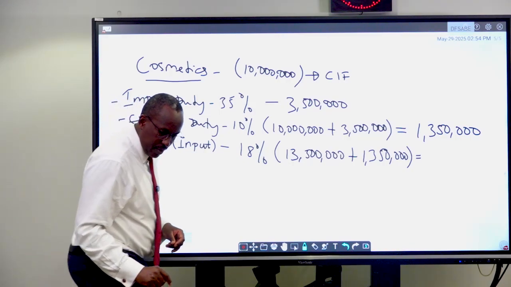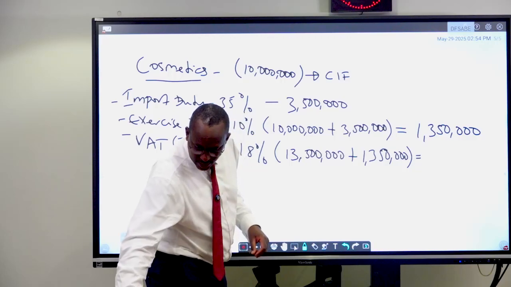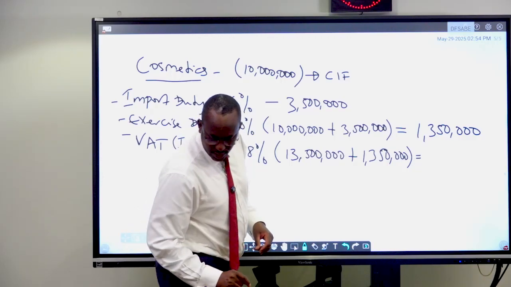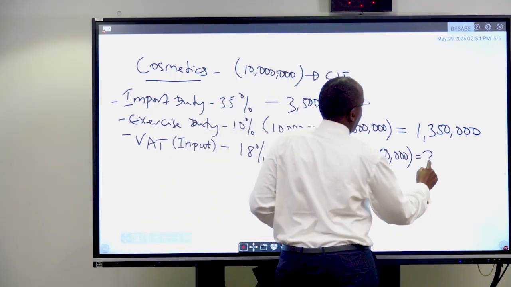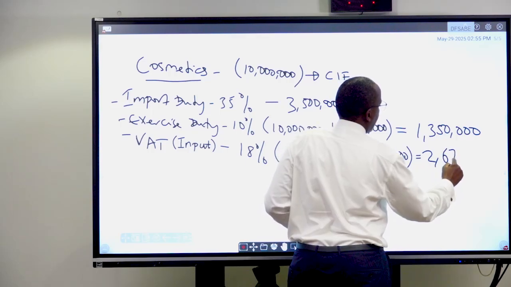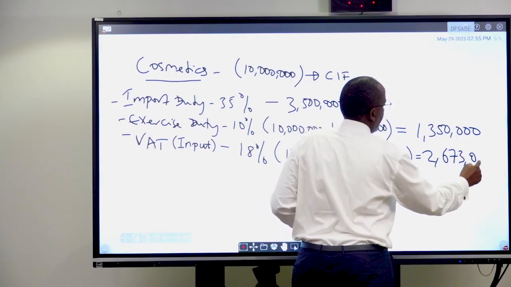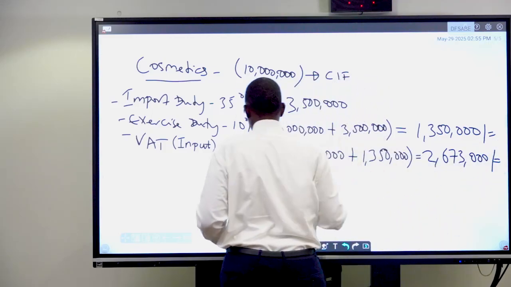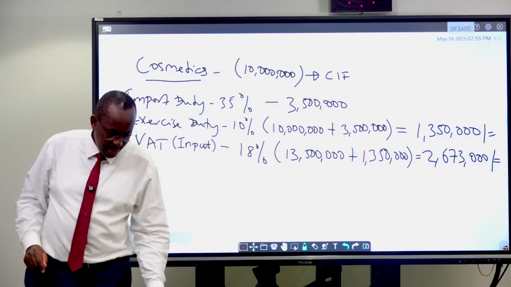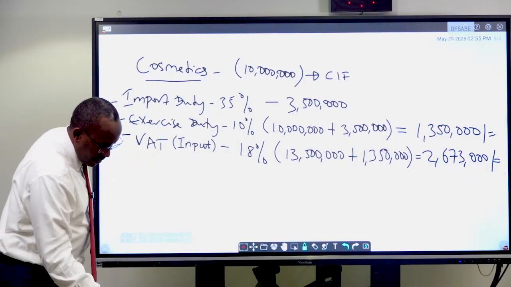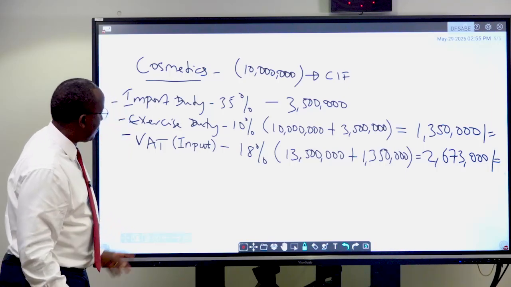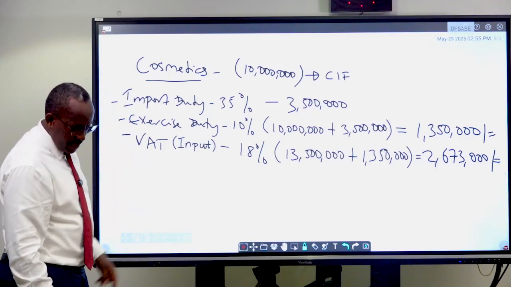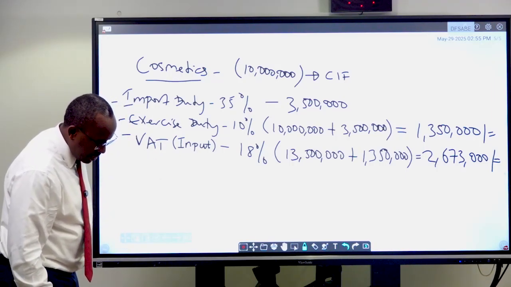In the interest of time, I'll just put it there. It is 2.673. I'm jumping some steps here to save our time on air. So that becomes the VAT applicable on this consignment.